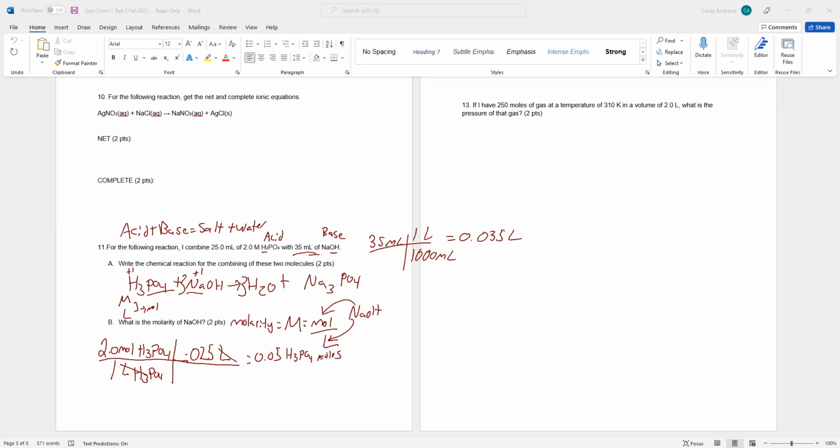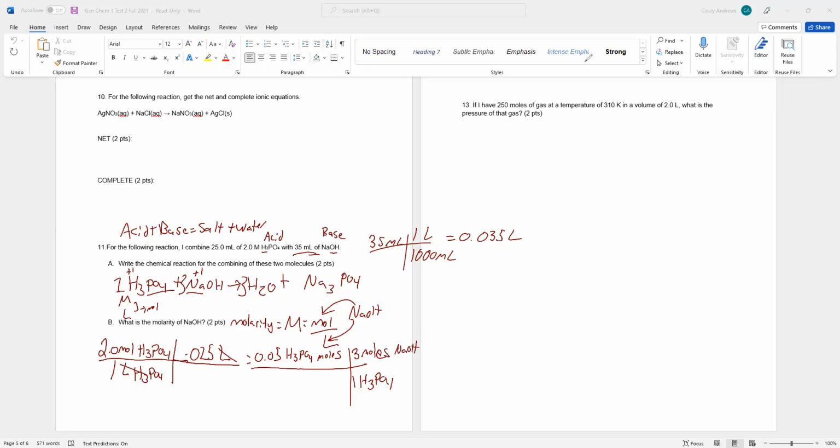Now that you're in a unit of moles, remember, if you're in moles, you can use stoichiometry to go to any other compound in a balanced chemical reaction. So remember, I'm trying to get moles of NaOH. So for every 1 mole of H3PO4 I have, that takes 3 moles of NaOH.